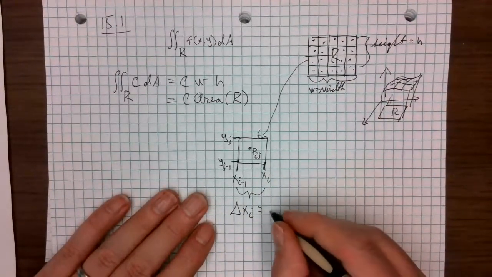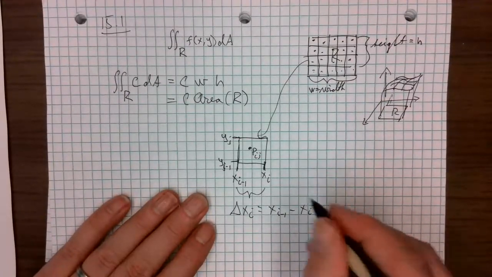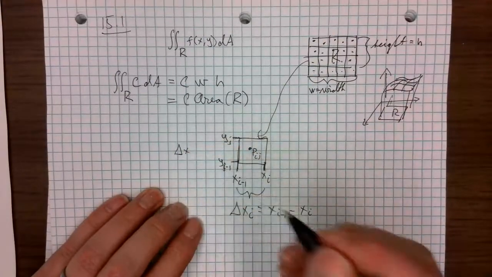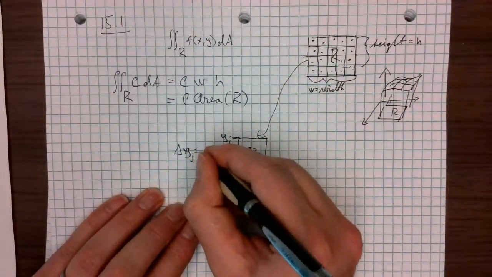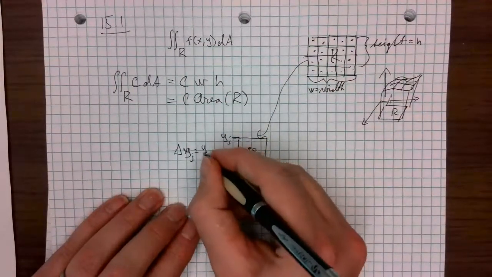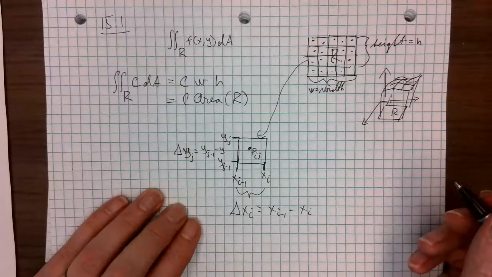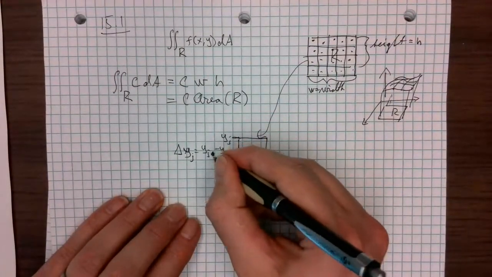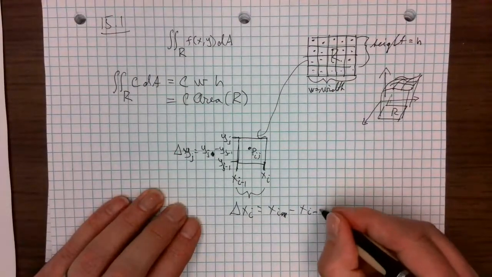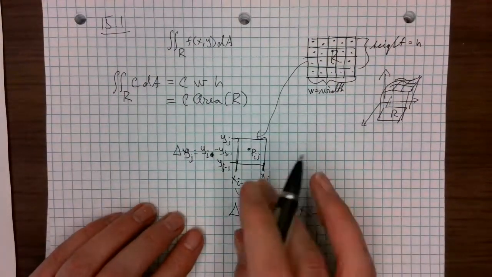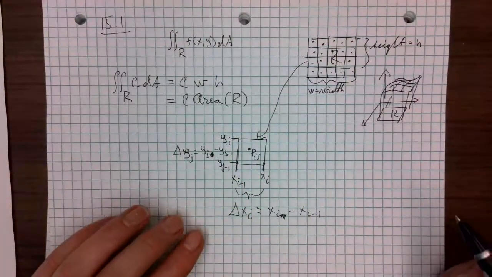This is going to be x_i minus x_{i-1}, and similarly over here delta y_j is y_j minus y_{j-1}; sorry, I was writing it backwards. And same thing here. It's the size of this and the size of this.